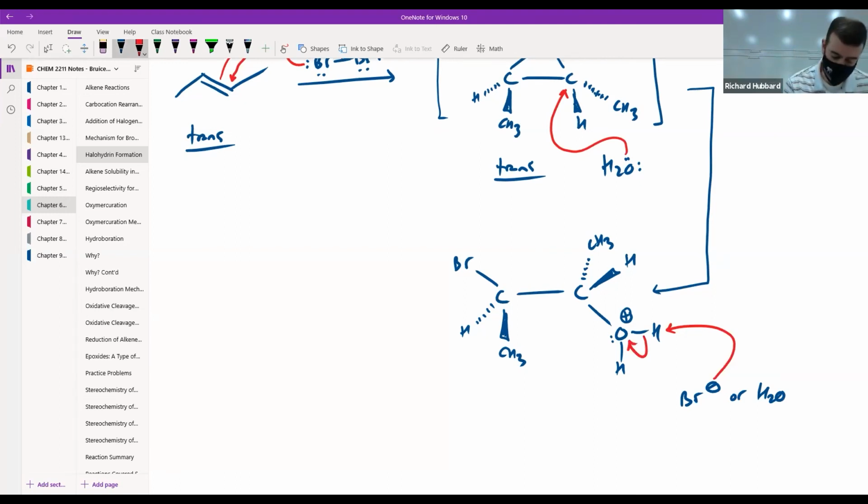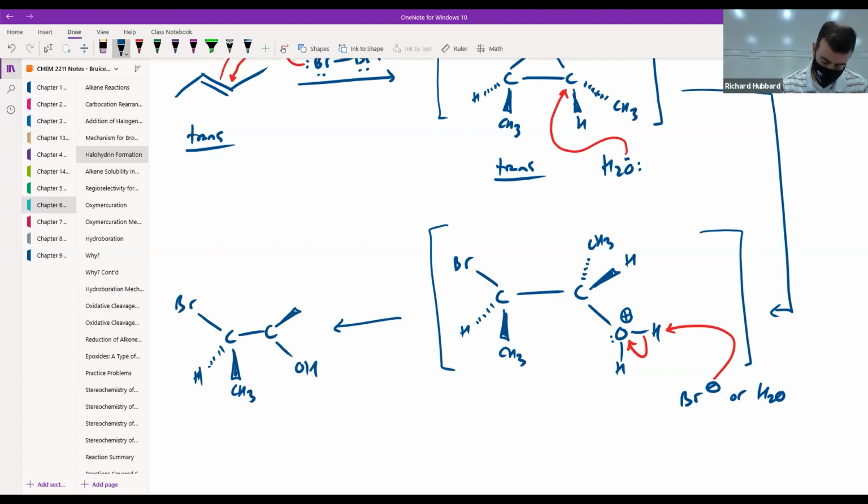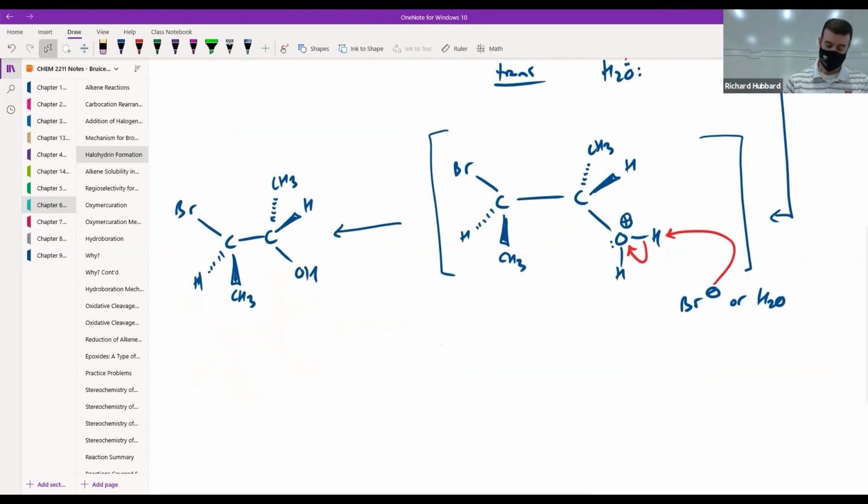Do this. Didn't do my brackets here. And that gives me my final product, or one of multiples. Okay, and that's our bromohydrin in this case.